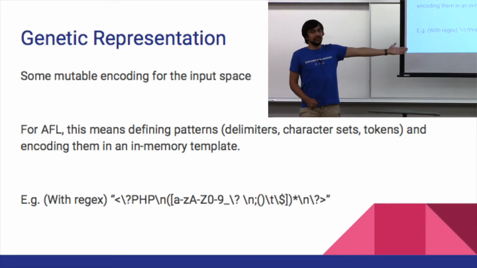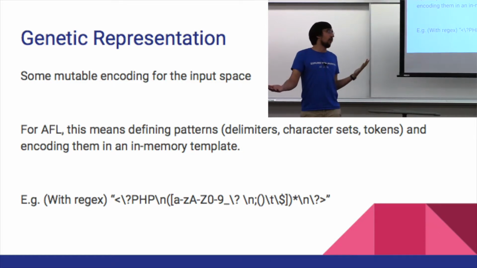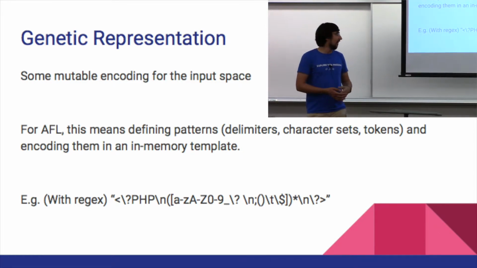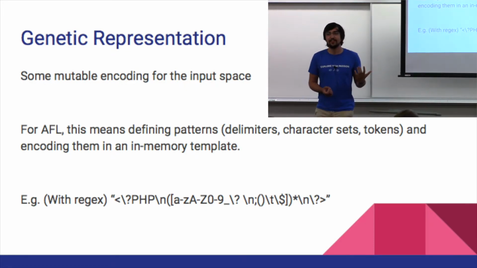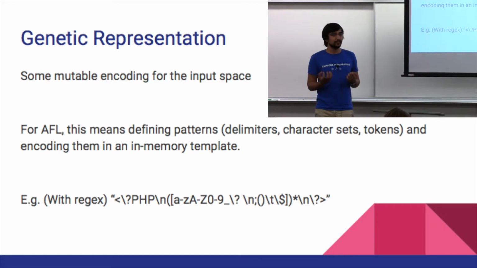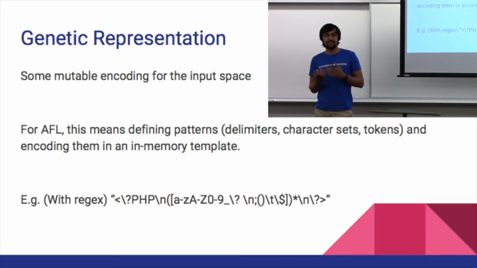So this is a representation. We could call this a representation of all PHP scripts. And what is amazing about AFL is that it reads in a basic PHP script, for example, figures that out based on the script, and uses that as its fuzzing domain, which is awesome.